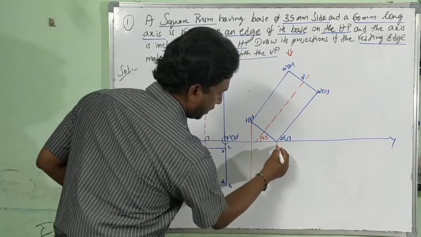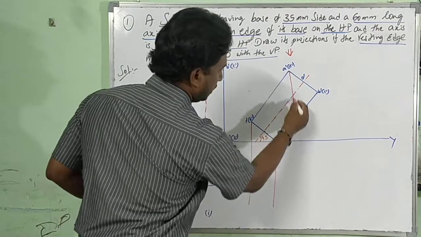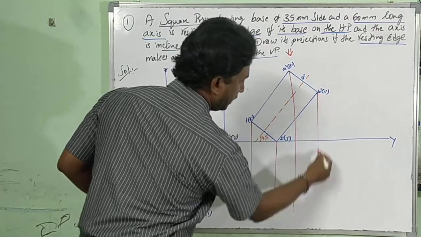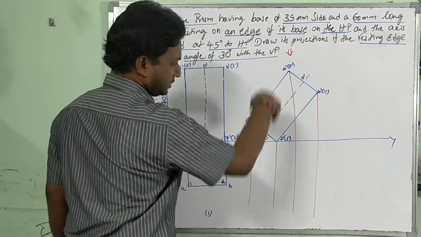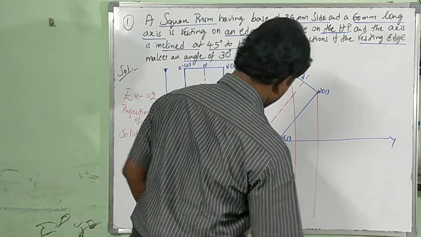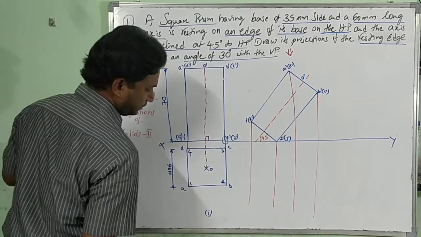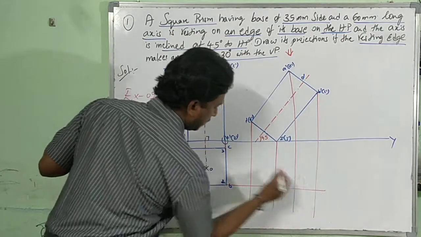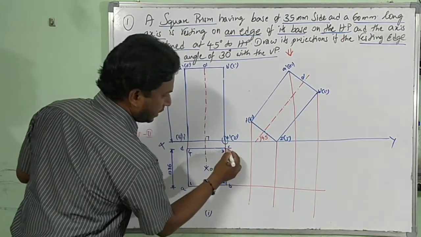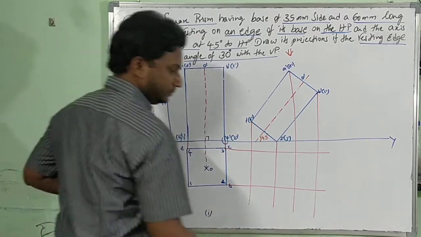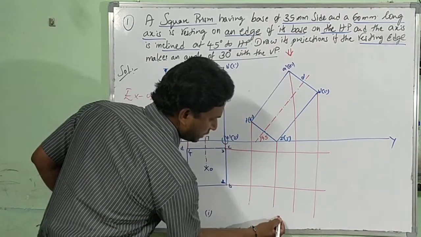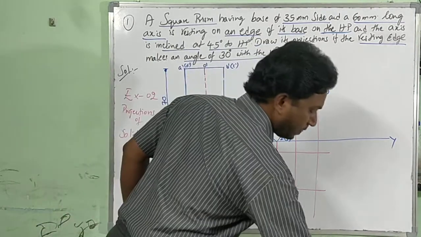1 dash, 2 dash projector, A dash, B dash, C dash, D dash, all same. Right, from here, from stage 1, A, B are in the same line, C, D are in the same line. I can tell you this is stage 2.